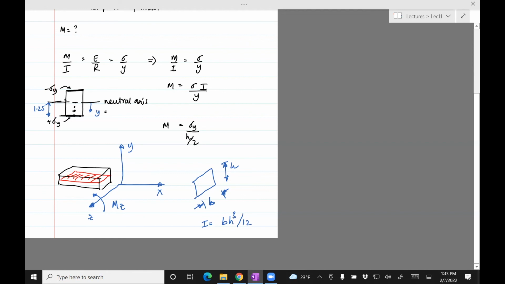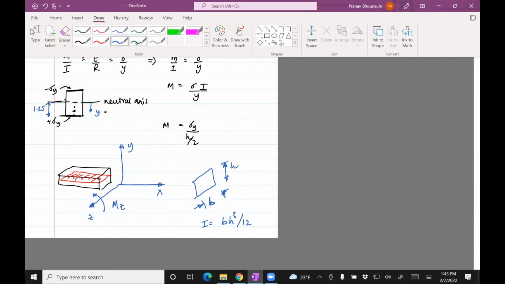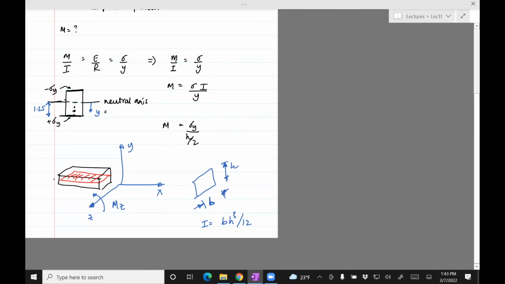So if you want to change the problem by reversing it, then in that case, the moment would be this way in y. I think that will be confusing here separately, but that would be the moment.